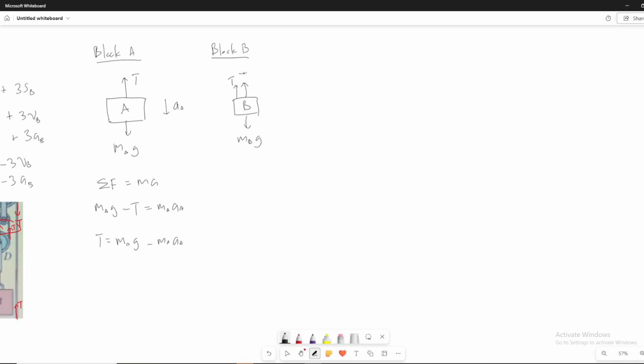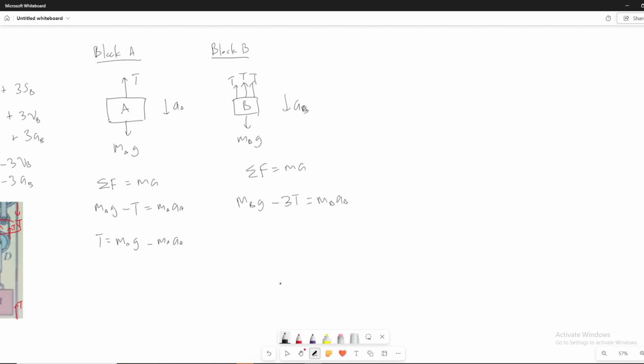If we assume the positive direction is downwards for B, we get F equals MA. So MBG minus 3T equals MBAB.